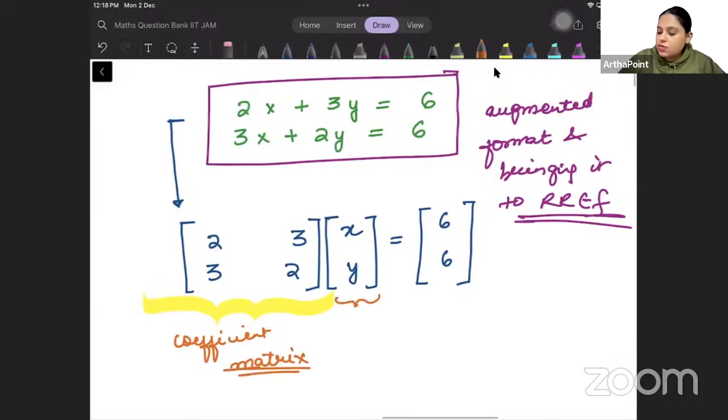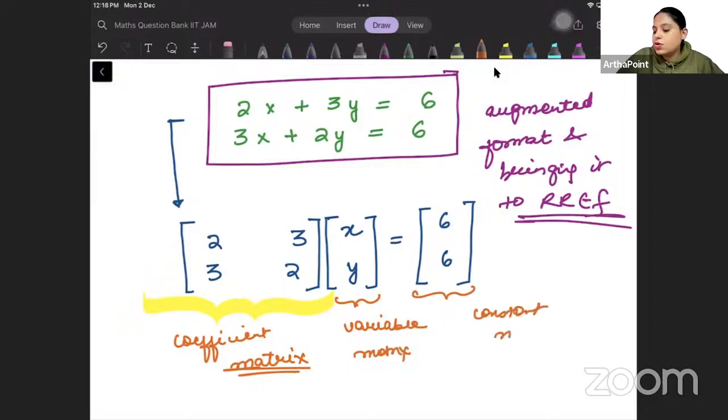This is your variable matrix. This is your constant matrix. And I can easily see that I am getting AX equal to B.